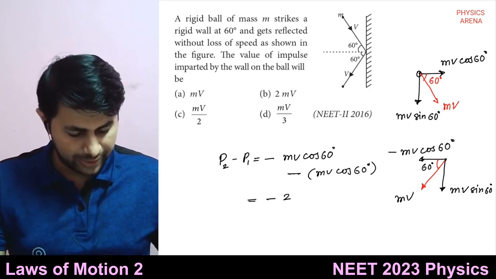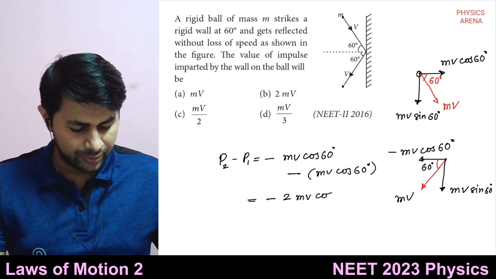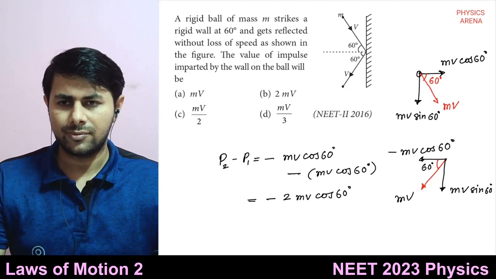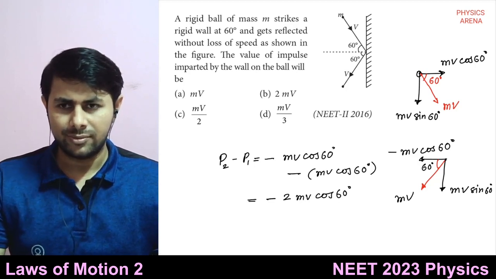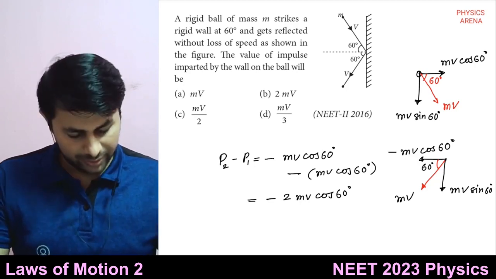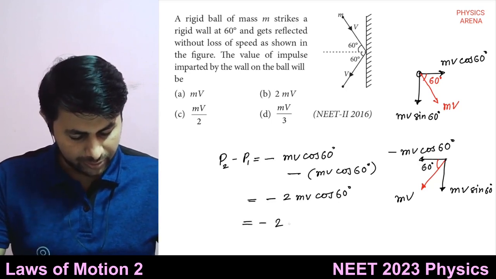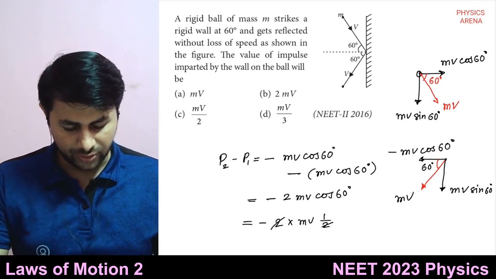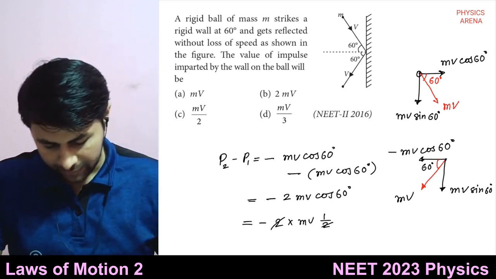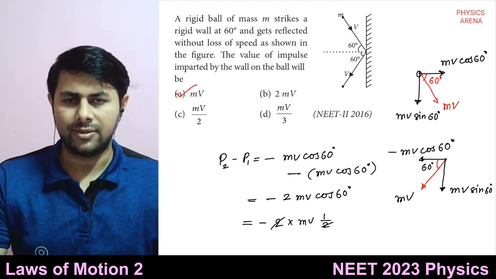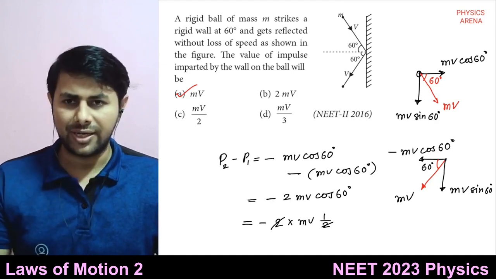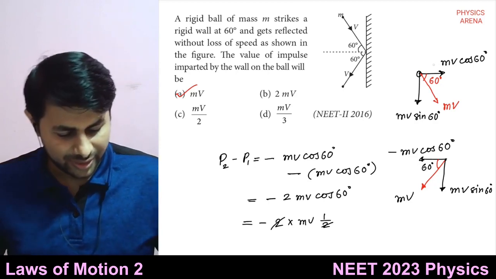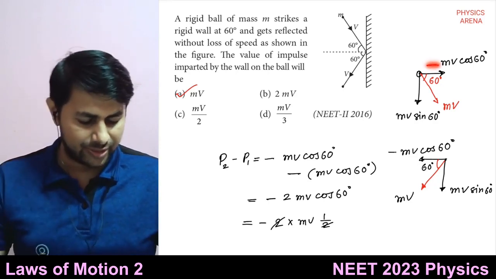So it is minus 2 times mv cos 60. And what is cos 60? Half, right? So it is minus 2 times mv multiplied by half. So it gets cancelled, and mv is the change in momentum. So this is the answer, with a negative sign, but sign is relative. You could consider this one as negative, this one as positive.